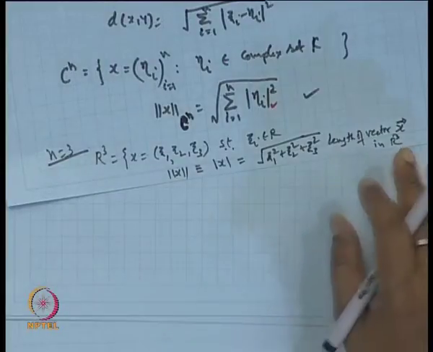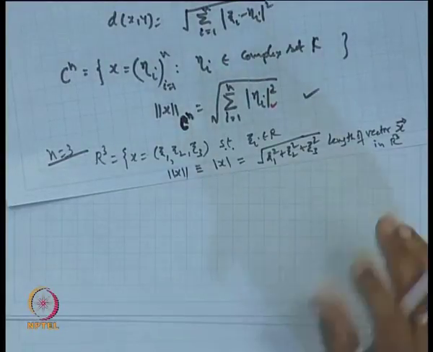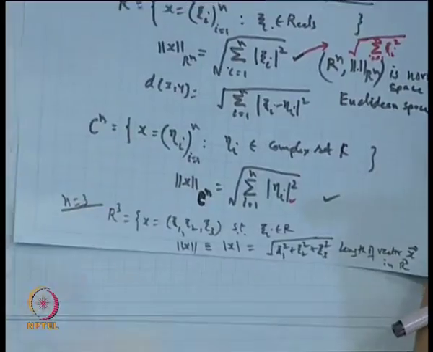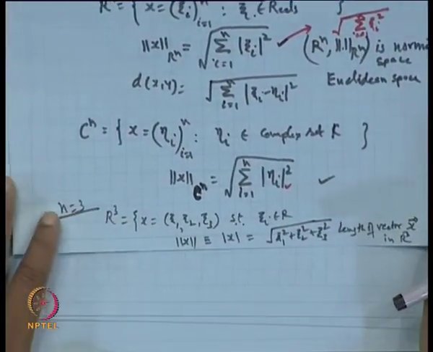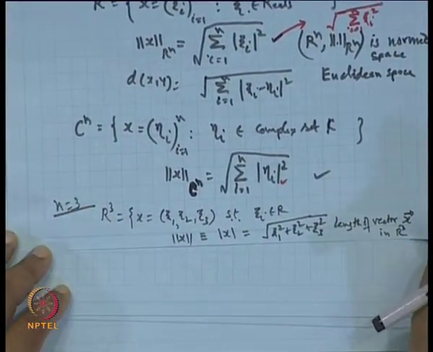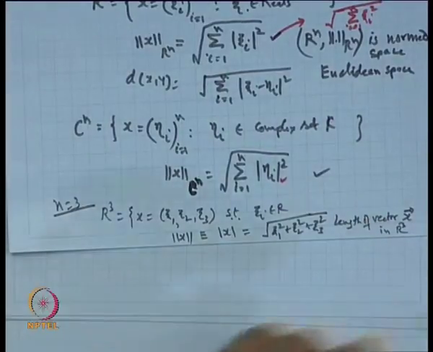So, in particular we are getting the length, clear. Now, they form the norm space. Is it okay?